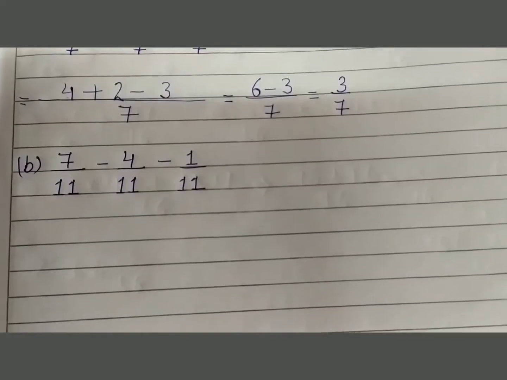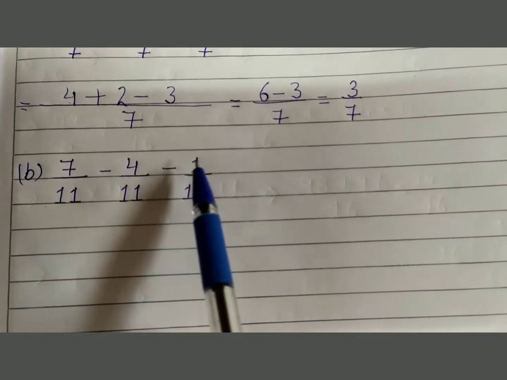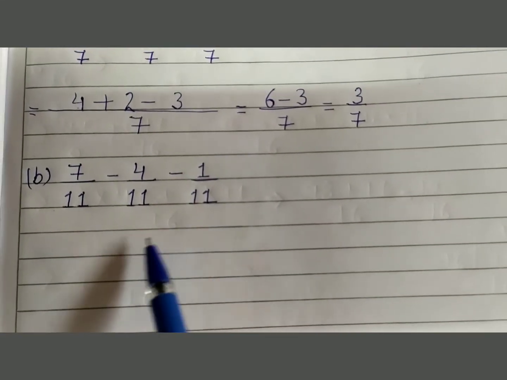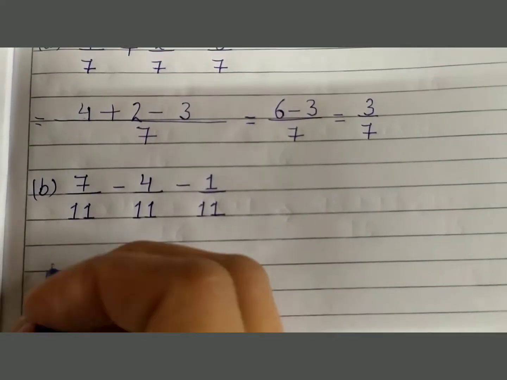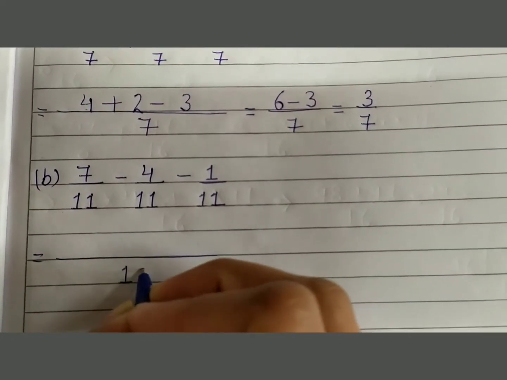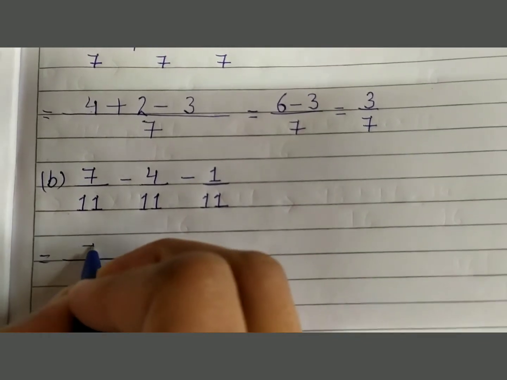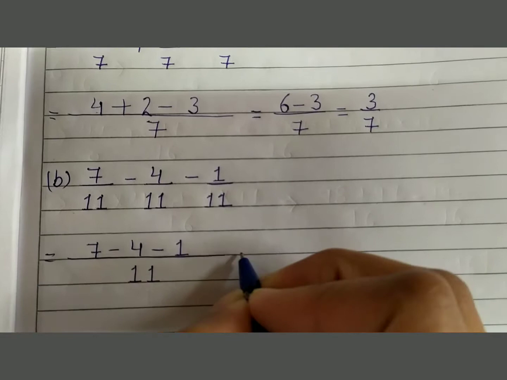Okay. Next question is 7 upon 11 minus 4 upon 11 minus 1 upon 11. Children, in this fraction the denominator is the same, that is 11. Write 11 in the denominator. Write 7 minus 4 minus 1.